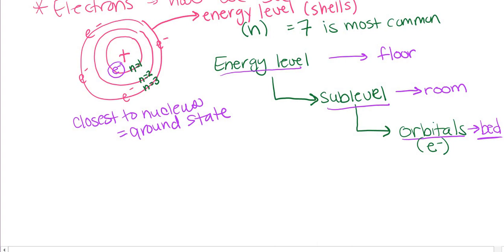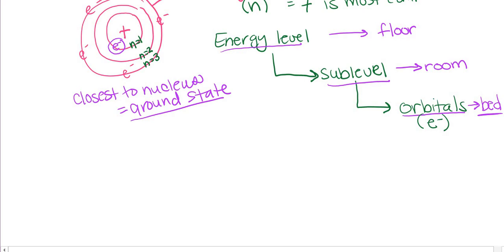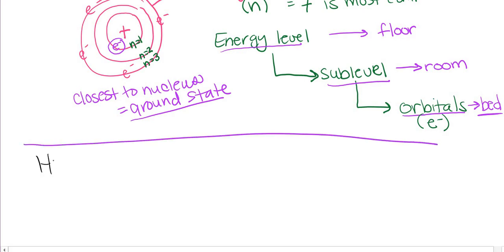Now we're going to get into how we see light. It has a lot to do with this ground state, that natural ground energy level that the electron is going to occupy. Let's get into how we actually see light.